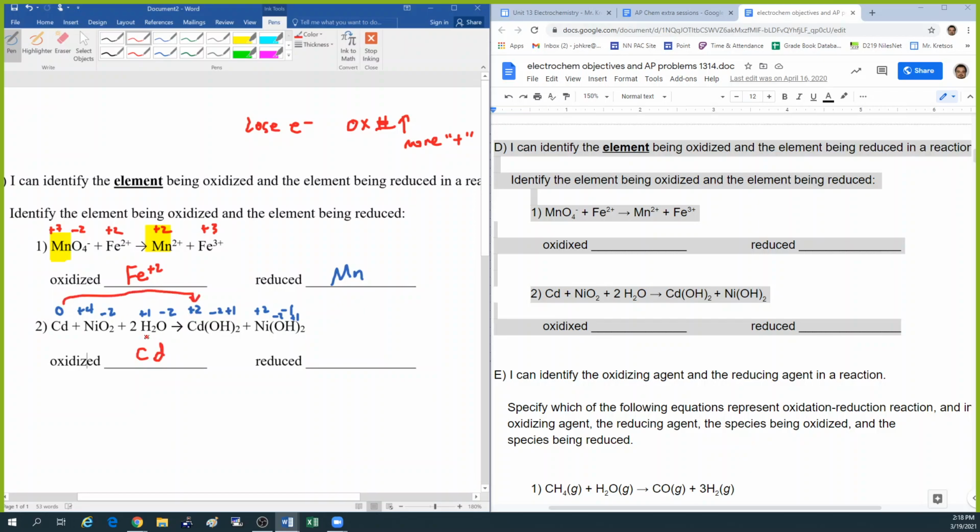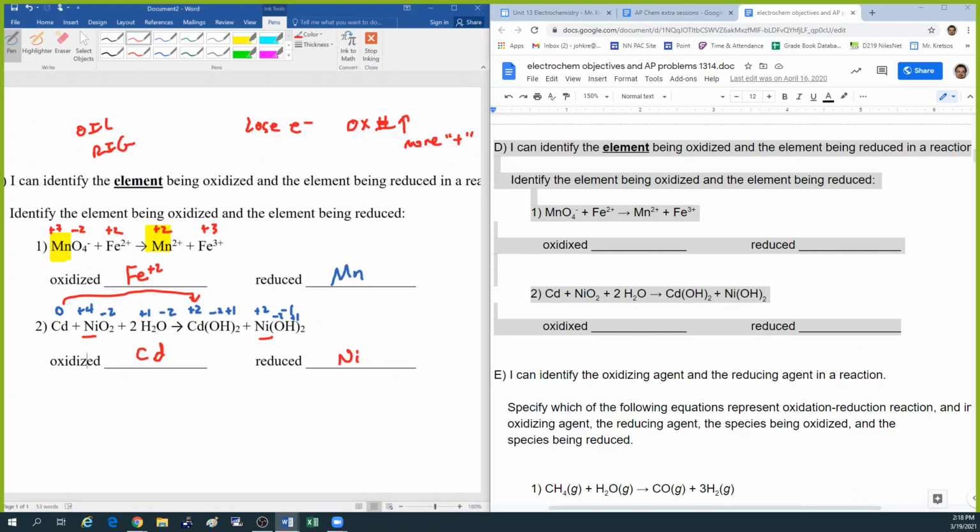So it lost electrons, therefore it was oxidized. Oil rig. And then the reduction happened to the nickel, right? Because it went from +4 down to +2.